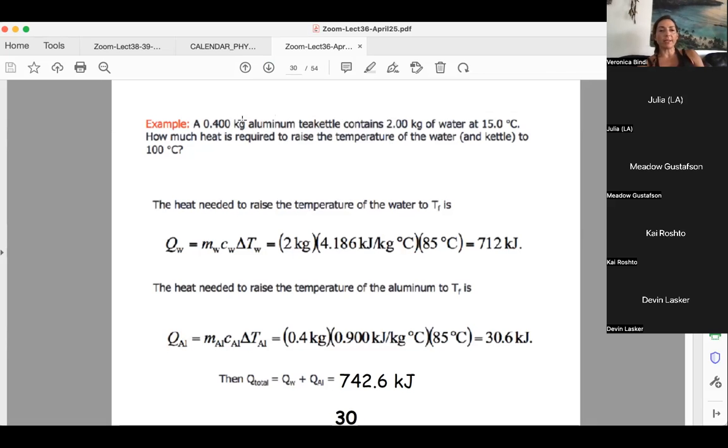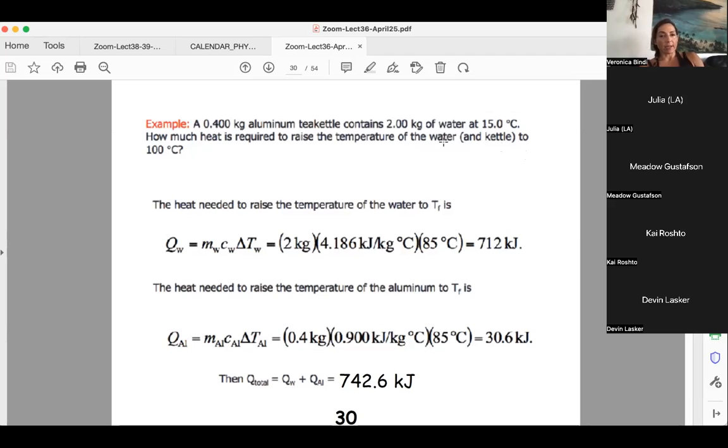If there wouldn't be this information, it would be very easy and a problem exactly the same as the one we have seen before. But because here it provides also the 0.400 kilogram aluminum tea kettle, you know that this also needs to be considered. So the heat we need to raise the temperature, and it also says the temperature of the water and kettle, so it is expressed here.